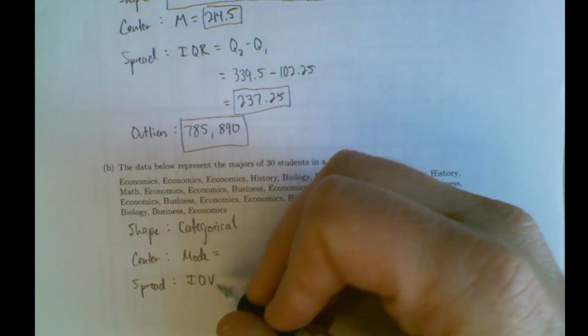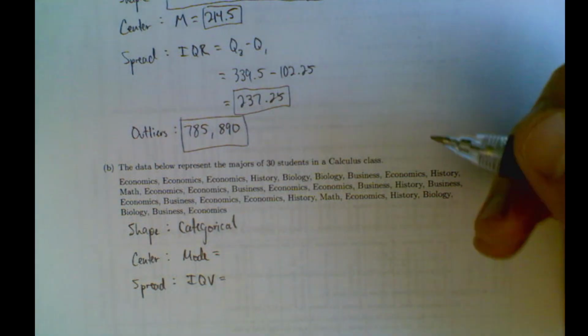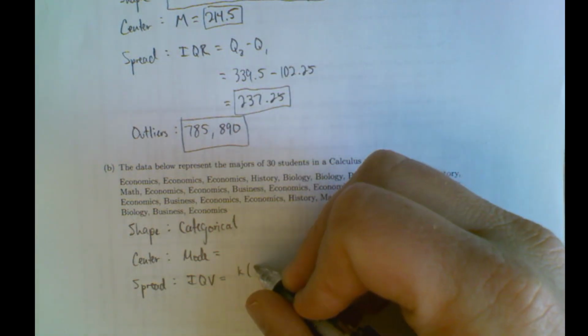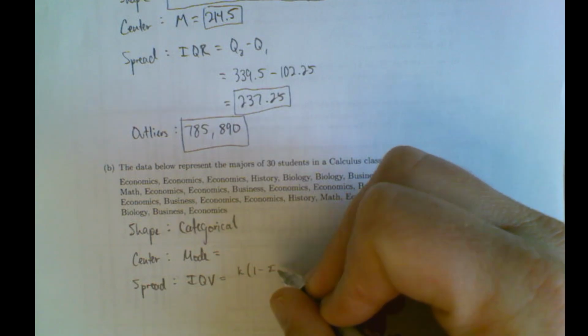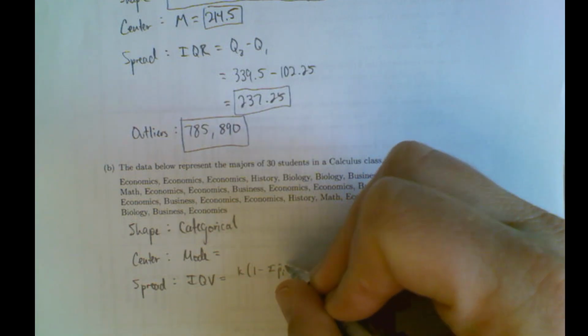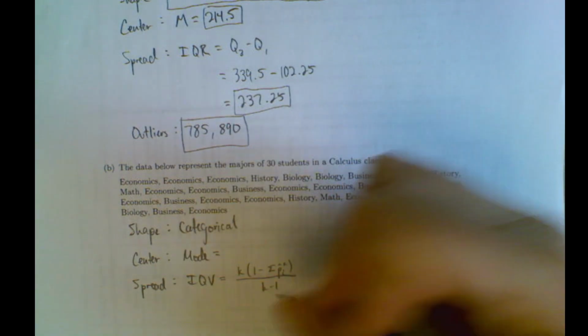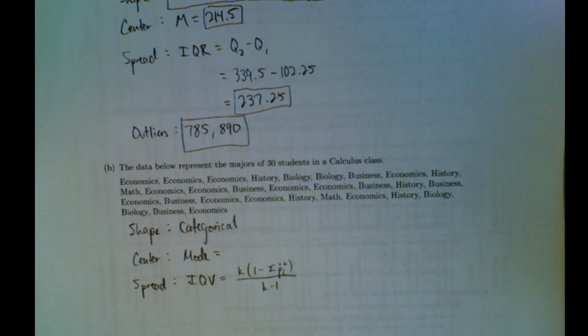And we'll use StatCrunch to compute those things. But the formula for the IQV is K times 1 minus the sum of the sample proportions squared over K minus 1. So this is the formula that we'll use to calculate the IQV.